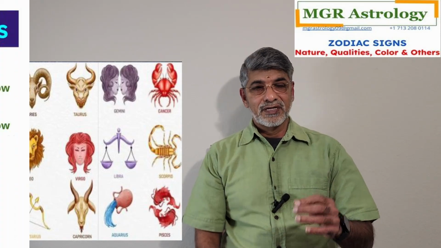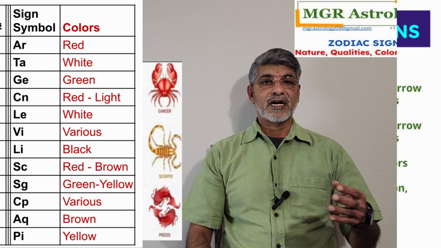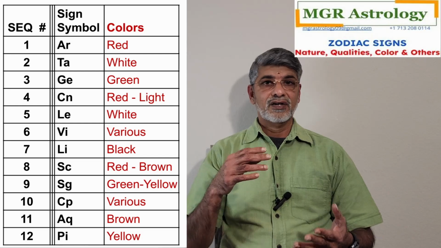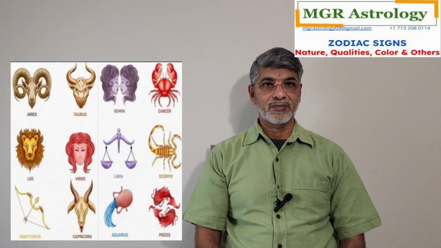The last but not the least is color allocation. There are various colors allocated to each of the rasis, starting from Aries, red, and then it moves on to different colors, which are listed in the table.